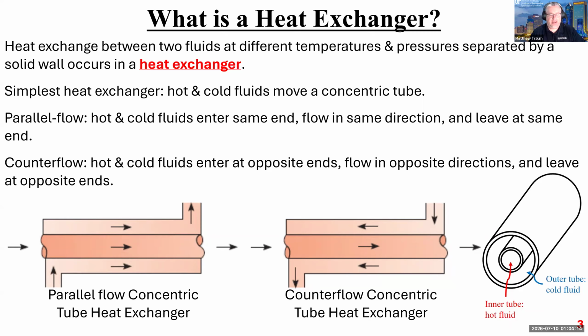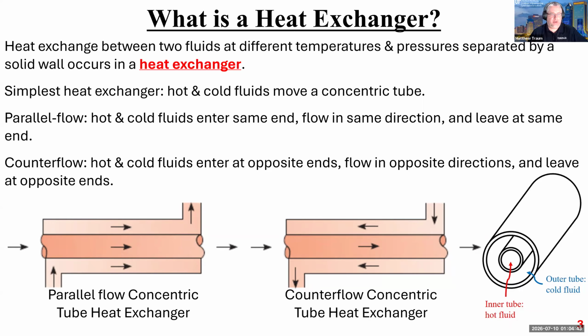But a lot of times in mechanical and chemical engineering processes, your process fluids are chemically incompatible with each other, and so you do not want to mix them for various mechanical or chemical reasons. So typically you've got fluids at different pressures that are separated by a solid wall, exchanging heat with each other but not actually mixing.